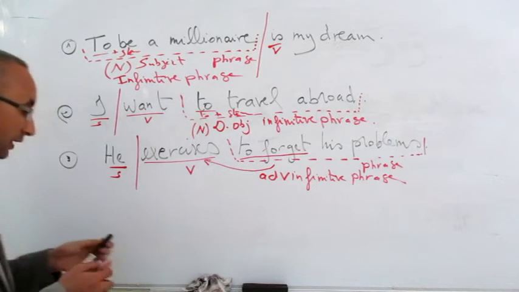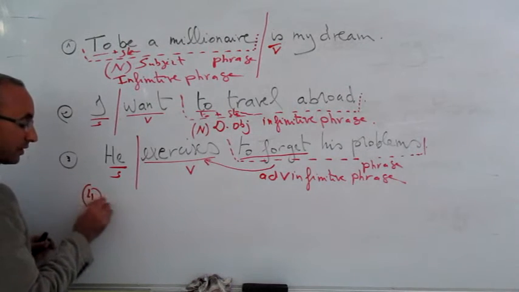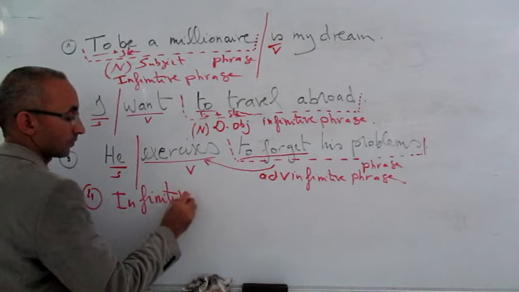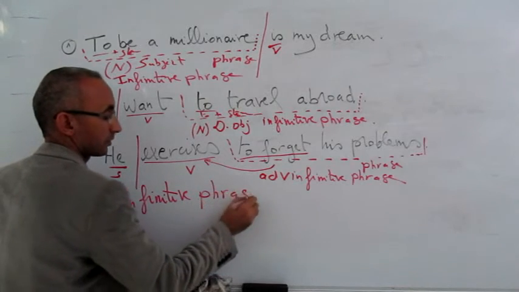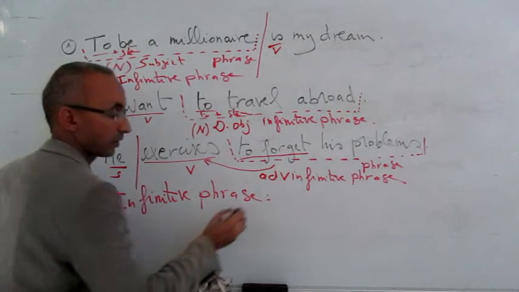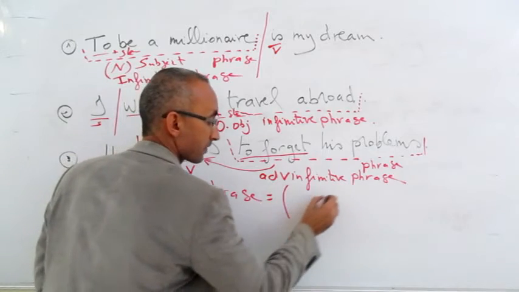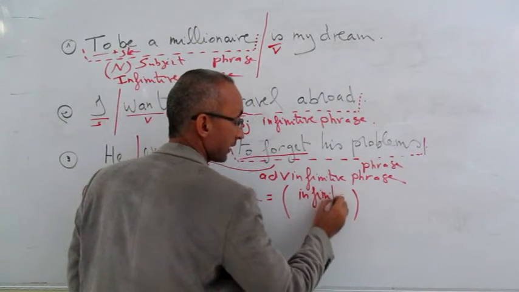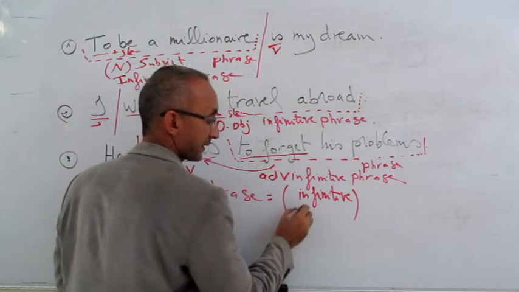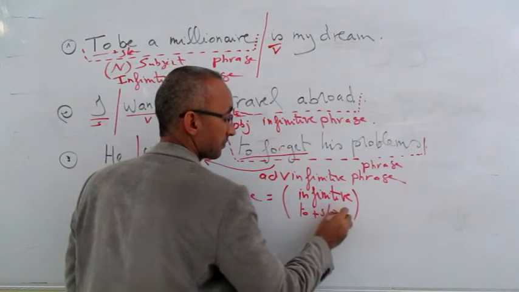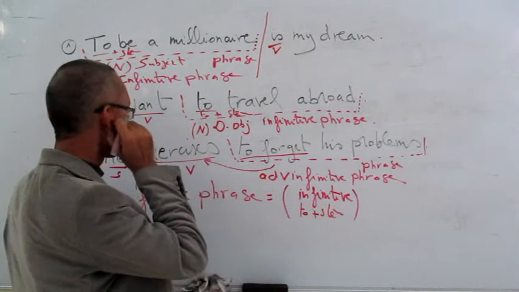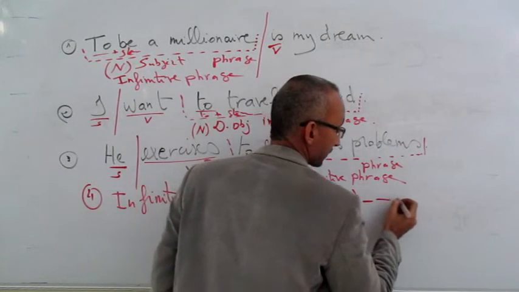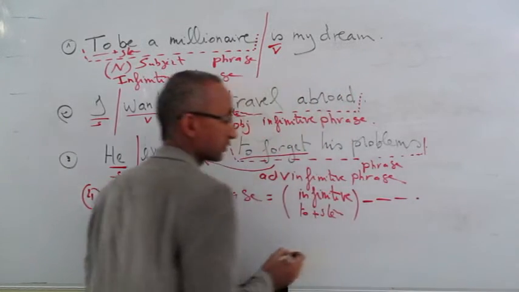So we write here the structure of this phrase, number 4, infinitive phrase, equals what? Infinitive. The first element is always an infinitive, which means "to" plus stem. Clear? "To" plus stem, besides the other words which are related to it.